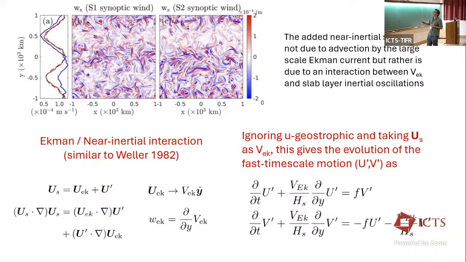It's due to an instability similar to an instability described by Weller a long time ago. Weller was interested in an instability between inertial oscillations or near inertial oscillations and the divergent part of the geostrophic flow. So we're used to thinking of geostrophy as non-divergent, but there's an order epsilon divergence.